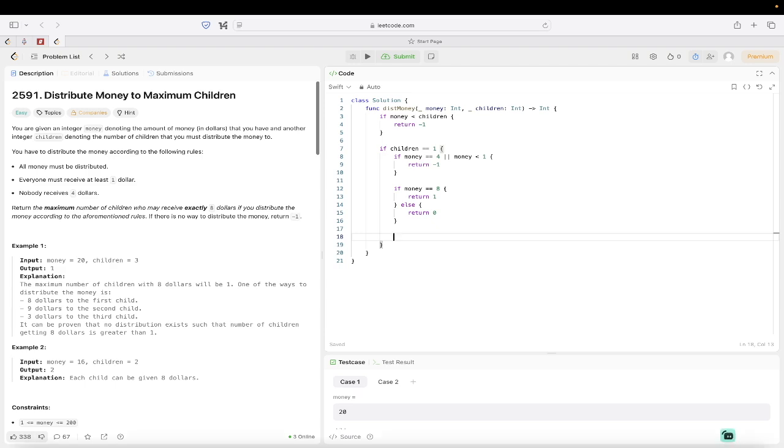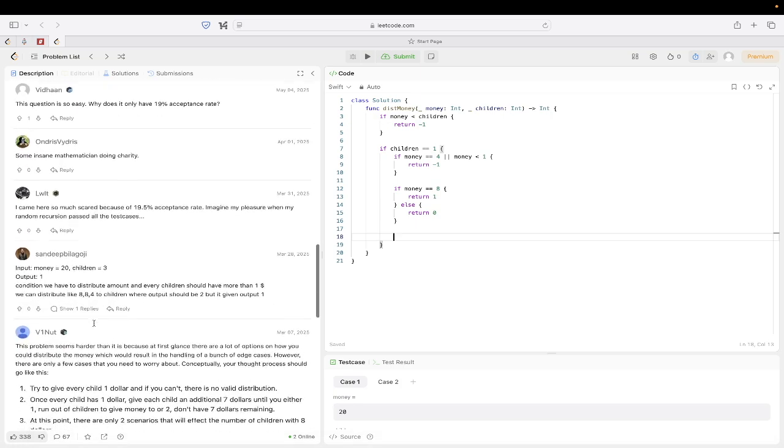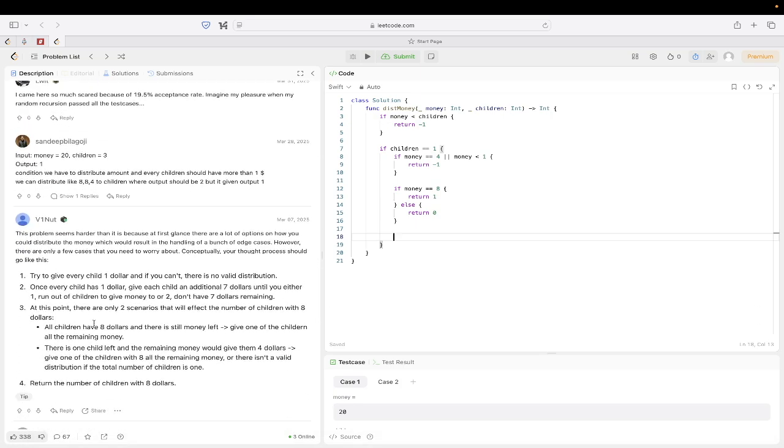Okay. This one was very helpful. We do need a variable.